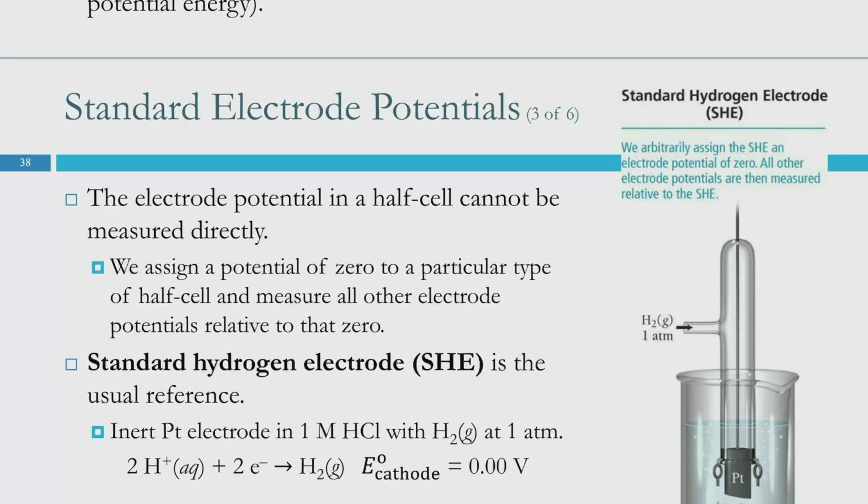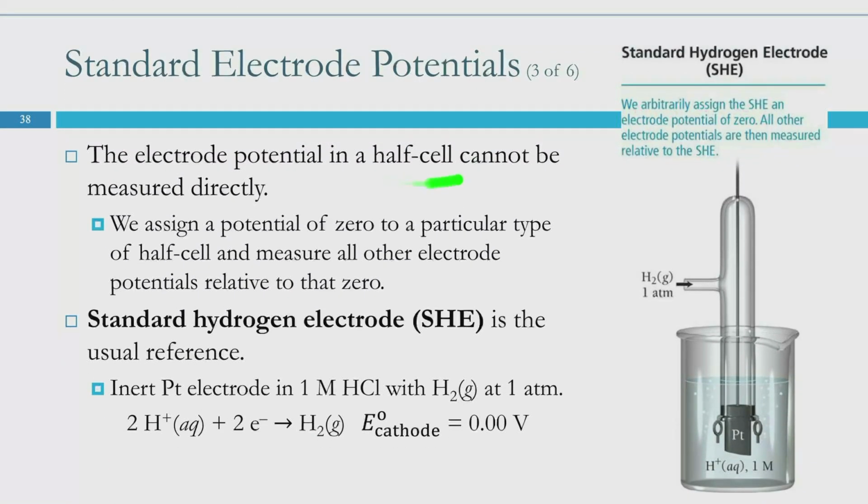The problem is the electrode potential in a half cell can't be measured directly. It has to have electrons flowing somewhere. We can't just measure that by itself because the electrons have to go somewhere. It has to have somewhere to give them to. And if we hook it up with another half cell, then there's going to be that difference between those two half cells, and then we're just measuring the difference between those two.